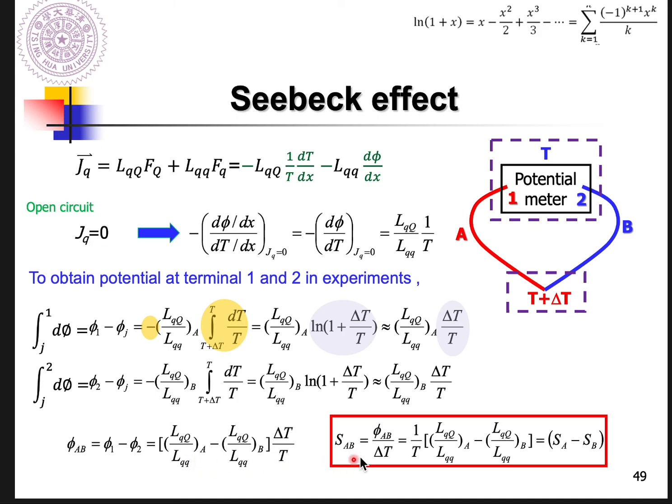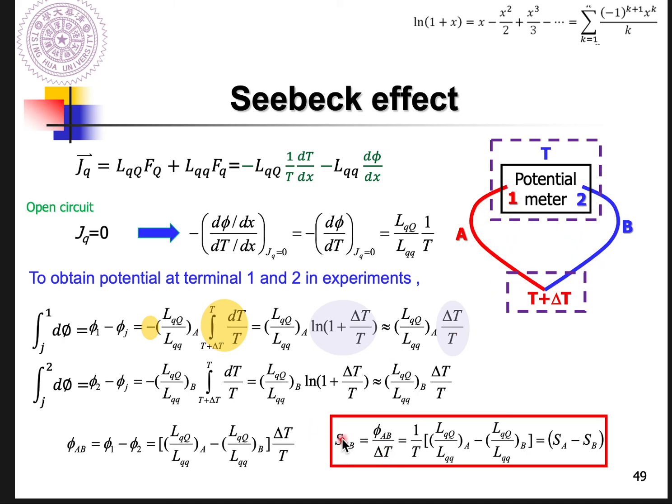So what's the Seebeck coefficient? The temperature difference along the two junctions is delta T. We apply this temperature difference on these two junctions, and how much φAB can I generate? This we call the Seebeck coefficient. But here we have two materials, right?